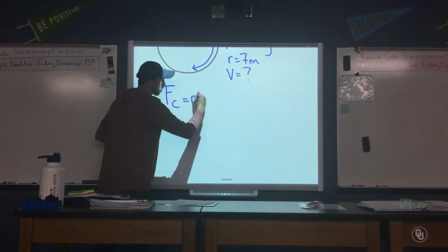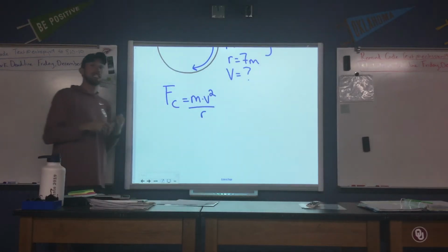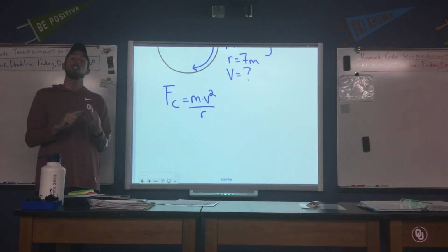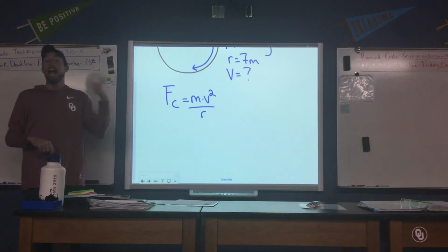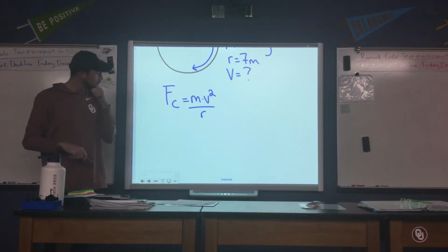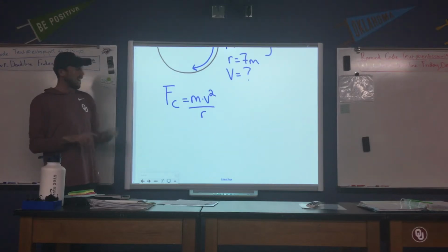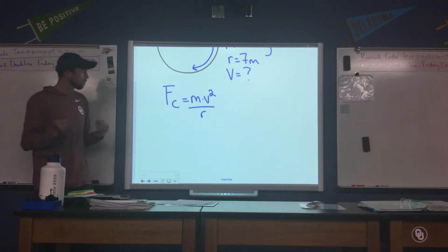We have an equation for centripetal force, F_c = mv²/r, where m is the mass of our object rotating, v is the velocity of the object, and r is the radius of the circle it is moving in. Now, that equation has velocity in it, right? Also has mass, which we know, also has radius, which we know, and has F_c. We don't know F_c yet, but we might be able to get there eventually.